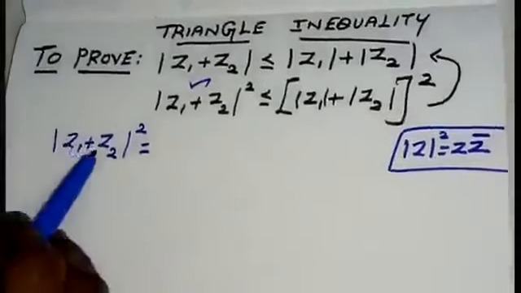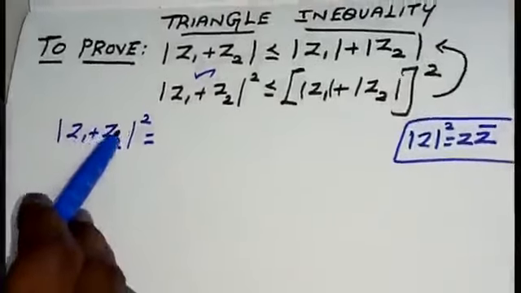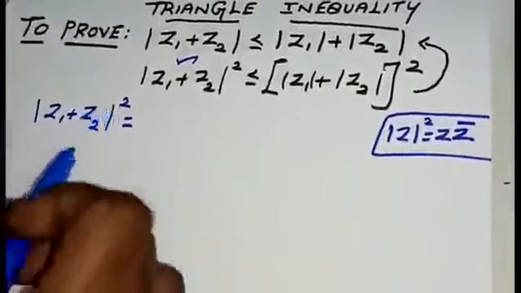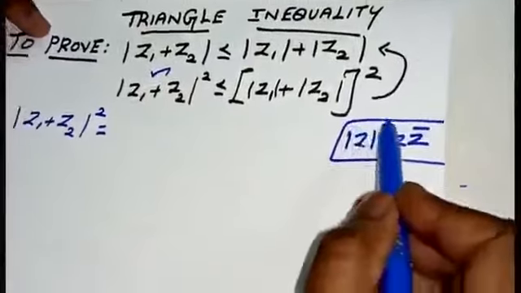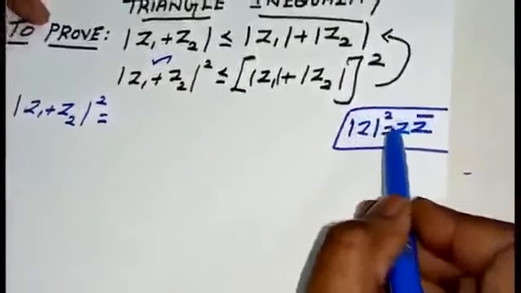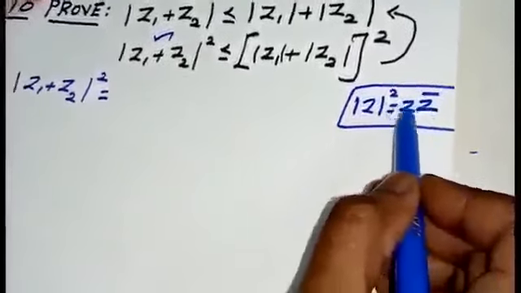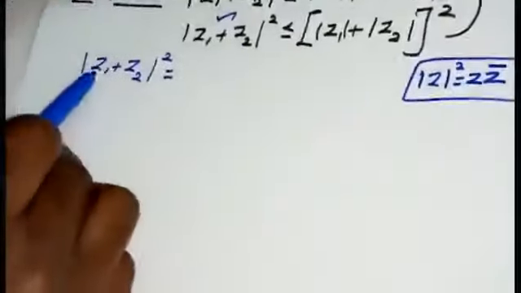Modulus of z1 plus z2 the whole square can be written like this. I am going to use this property, students, that is modulus of z square is equal to z into z bar. In place of z, I am having z1 plus z2.